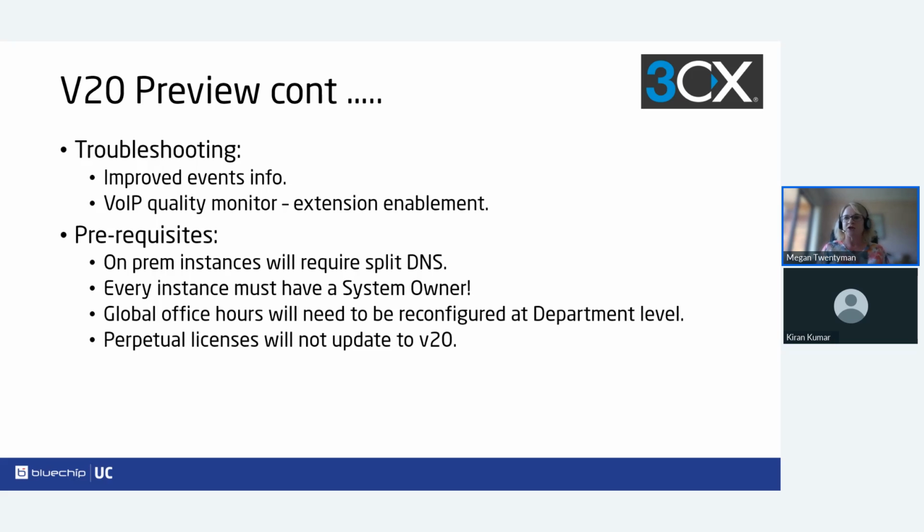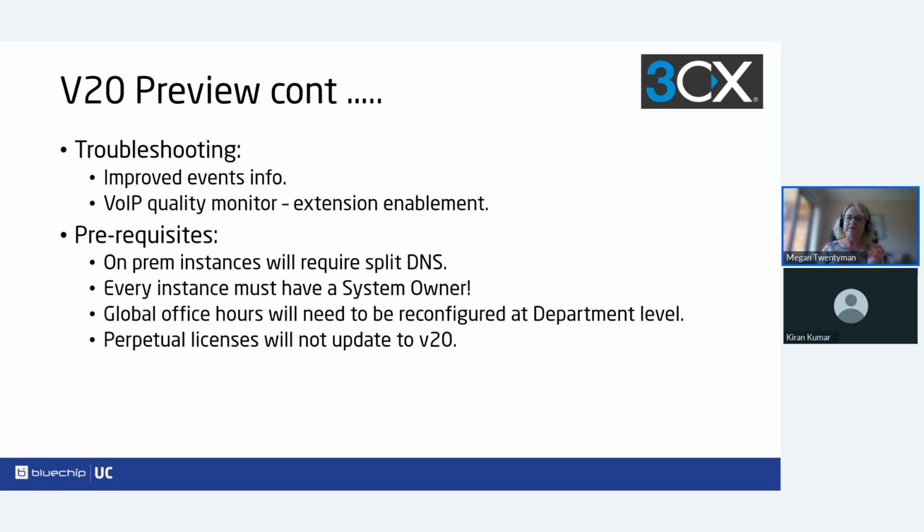So intermittent issues will become easier to troubleshoot and will become less reliant on sort of Wireshark captures and those types of things. They still will be needed for high-level support, but the reality is we don't actually see a lot of high-level support for 3CX these days. It's more of, what's the best way to do this? How should I do this? Those types of things. But everything will still be there if it is ever required.